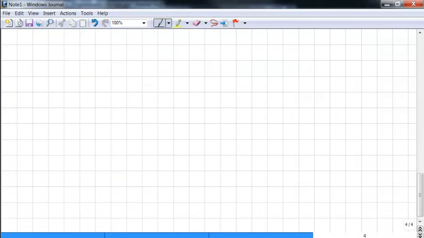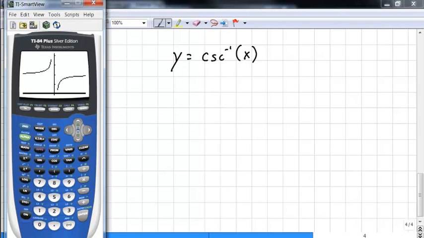In a similar manner to what we did before, if we want to put this in on our graphing calculator, you can just put it in straight like it is, inverse cosecant, on an Inspire. But if we want to graph y equals inverse cosecant of x on, say, a TI-84 like this, we want to be able to put it in here.